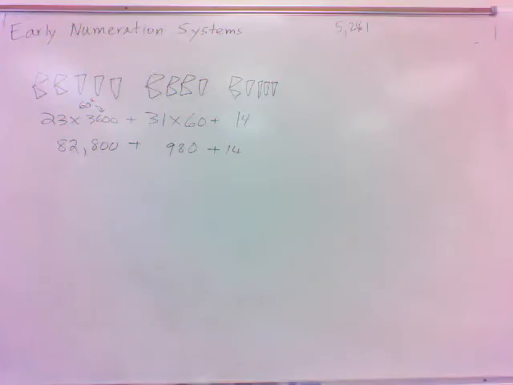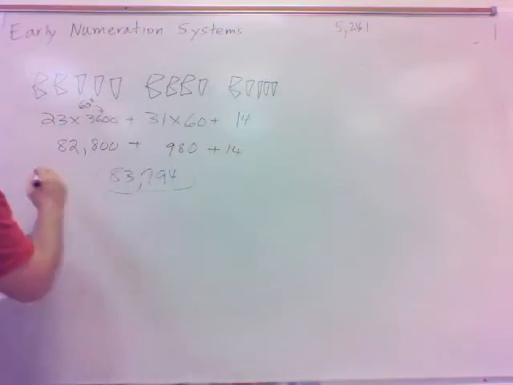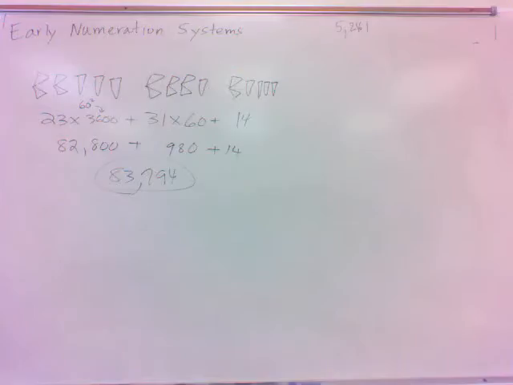That ain't right. Let me try that again. 23 times 3,600, plus... 83,794? Yeah, okay. I did something wrong that first time. All right. Now, that's how we determine what number they have.